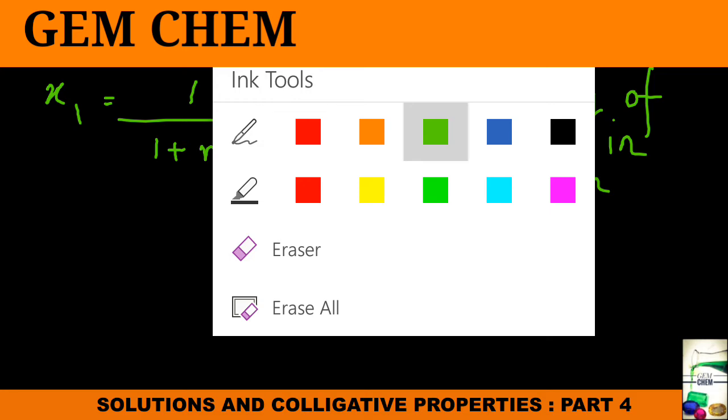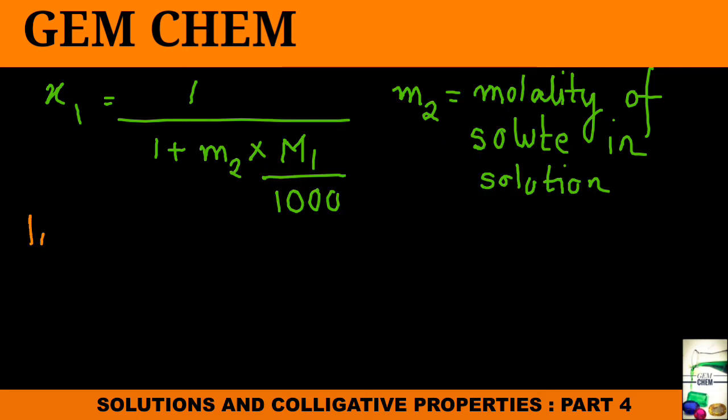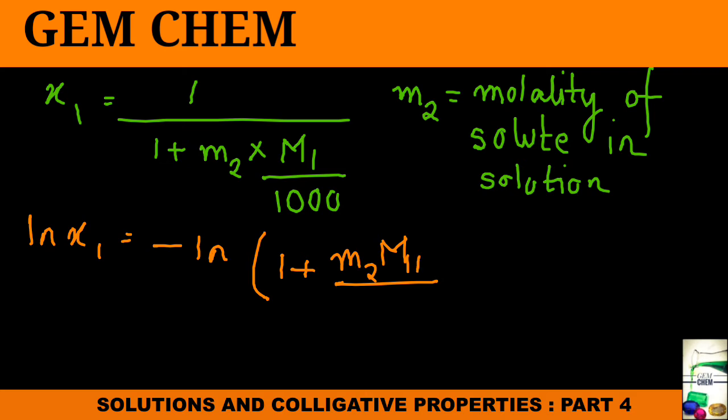Now we have in our equation ln xi, so we can write it as minus ln, rotating it upside down, 1 plus m2 m1 by 1000.